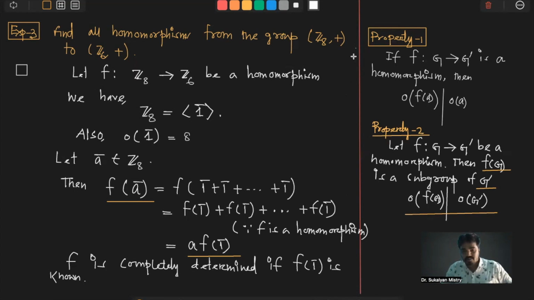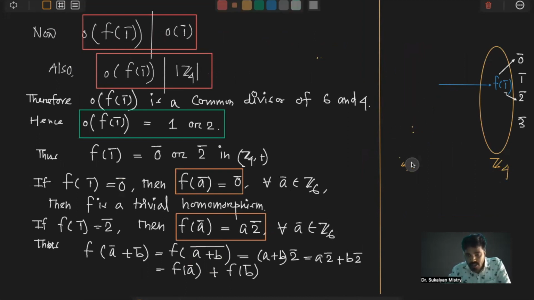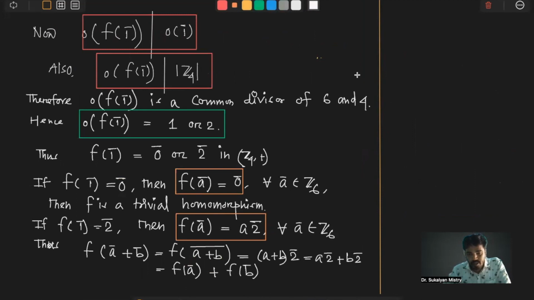So, by property 1, the order of the generator. See what is happening here: the mapping is Z8 to Z6.